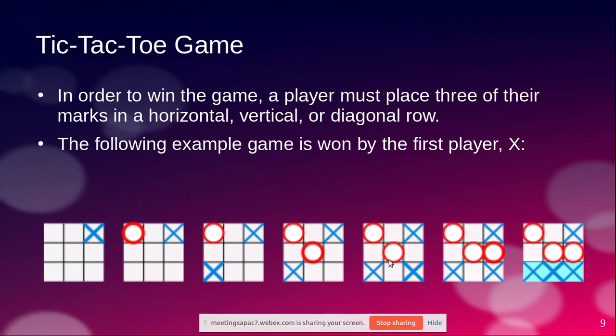And this happened so intelligently that now in the next turn, whenever player one's cross turn comes, it has two options to win: one, the column 3, or the row 3. And now player 2 has to select this place or this place or this place or this place for marking. If it selects this, then both these are available, so any one of them can be used for player 1 to win.